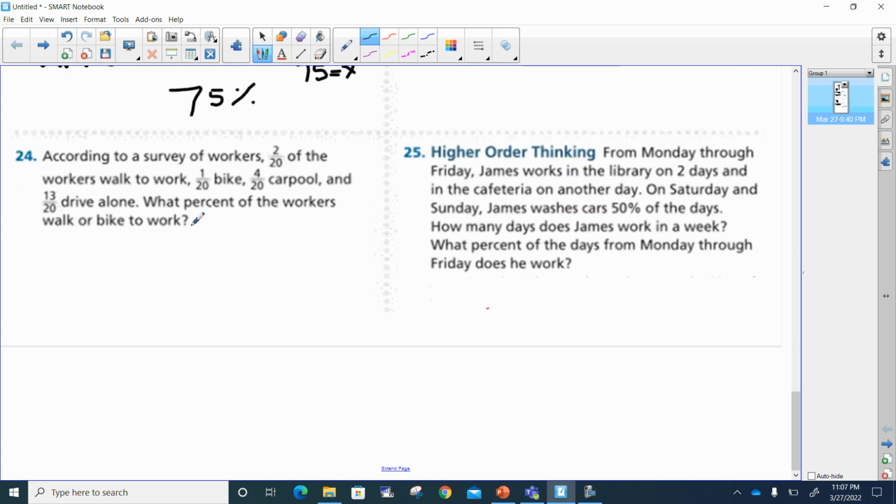Now back to 24. According to the survey of workers, 2/20 of the workers walk to work, 1/20th bike, 4/20ths carpool, 13/20ths drive alone. What percent of the workers walk or bike to work? Well, we said 2 out of 20 of the workers walk to work, and that's one of the things, walking, right? So we got 2 out of 20. And then it says, or bike, and 1/20th bike, so that's plus 1/20th.